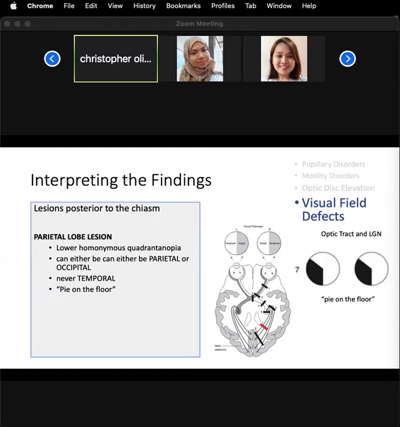Pie on the floor, parietal lobe. You're doing this kasi you know that the eye is intact and the problem is up there in the visual pathway. So you're localizing where the lesion might be, so that you have a clue when you refer it to the neurologist or to the surgeon for further management. You have at least localized where the lesion is, which will help them find the problem.